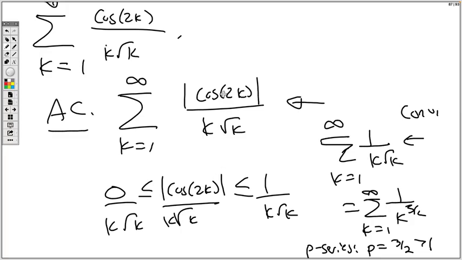So I've got the series I don't know about between 0 and a series that converges. So that means that the series in between must also do what? Converge by the direct comparison test.